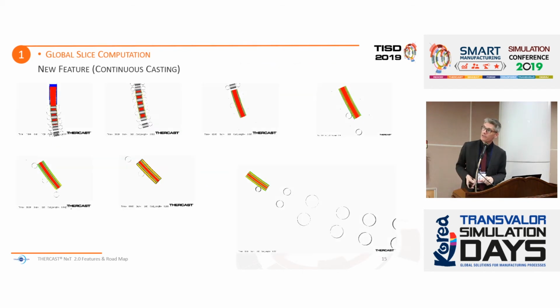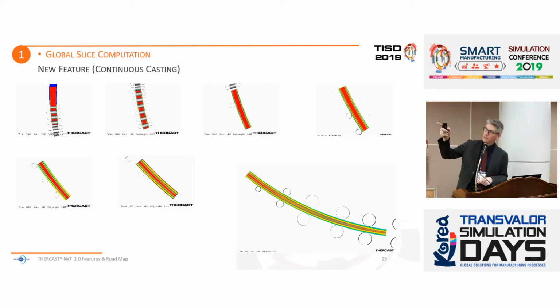So here is an illustration of what it is doing. We start from the top, and you see that each part continues from the previous one, so this is a decomposition of the caster into 7 parts. As you can see, the last one is a little bit longer because we have the soft reduction zone in a straightening zone, and in order to take into account the impact of the rolls on the slab, we need a longer length for this part, but it's possible with this option.